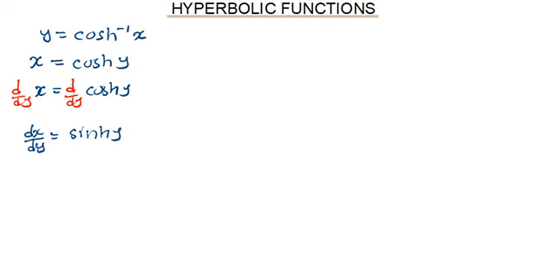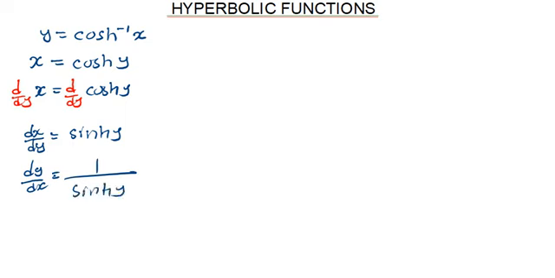Okay, so once again we just go to the identities, but before that we'd want to have an expression for dy/dx, which will be equal to 1 over hyperbolic sine of y.